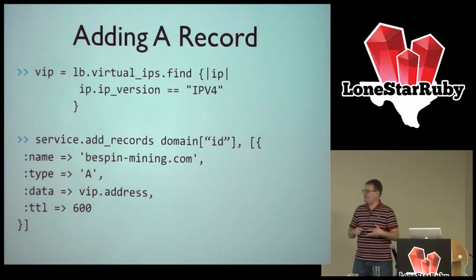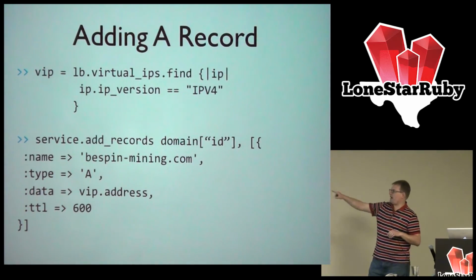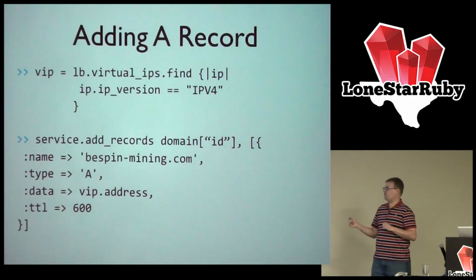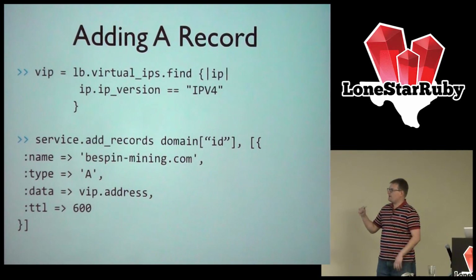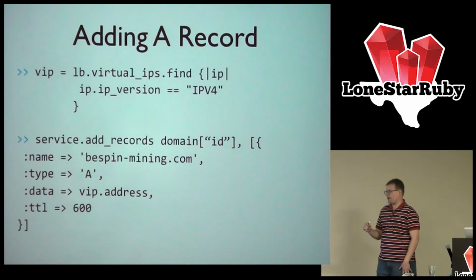So let's go ahead and add that record. We're going to grab that IPv4 address from our load balancer like we did before. And then we're going to use service.add_records, and we're going to pass in that ID that was in that domain hash that we just found. We're going to specify a name of Vespa mining.